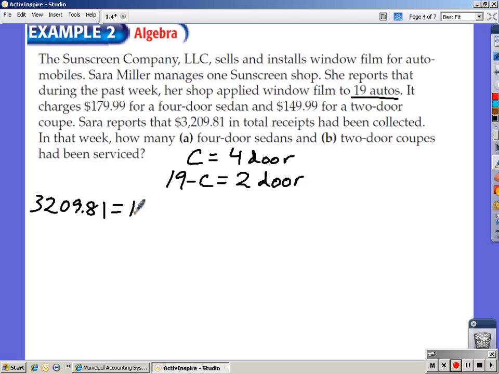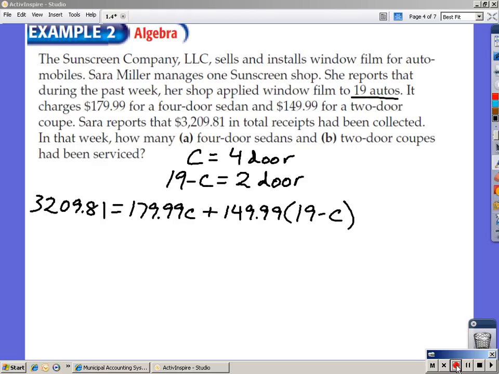So if we go $179.99 C plus the cost for a 2-door is $149.99 times the number we produced, which is 19 minus C.